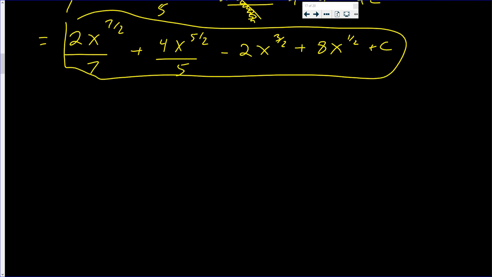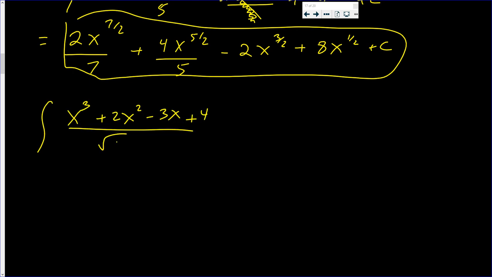Okay. Now, suppose we have this integral. The integral of x cubed plus 2x squared minus 3x plus 4 all over the square root of x dx.